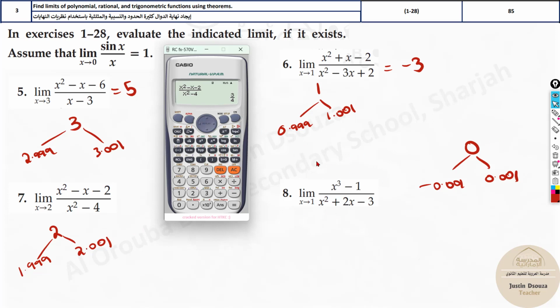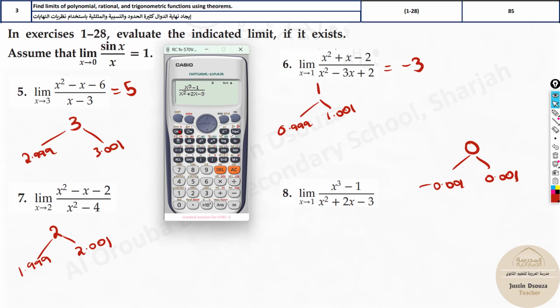Same thing, let's do the last one as well. I'll erase it. All you need to do is type it out as it is. X cube minus 1 divided by alpha x squared plus 2x minus 3. Make sure you type it correctly. If you do even a silly mistake, say minus to plus, then the answer will be entirely wrong.